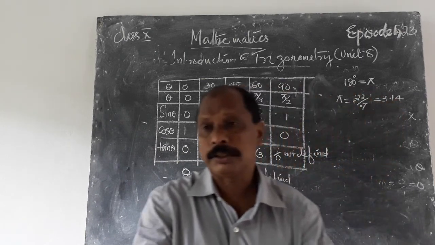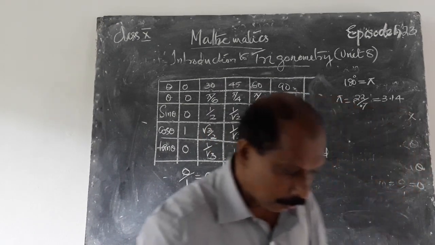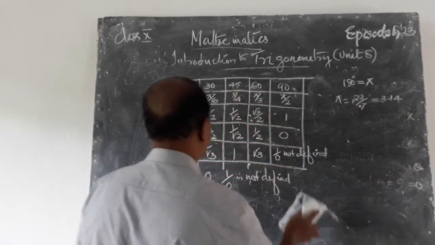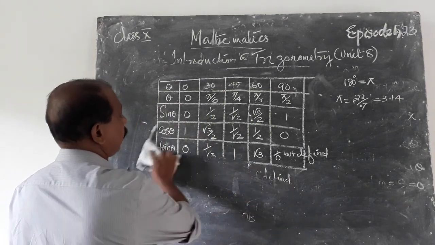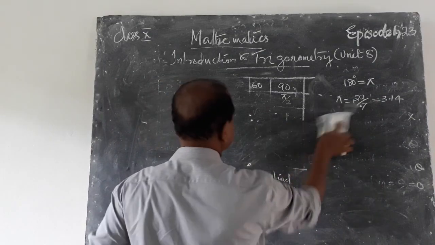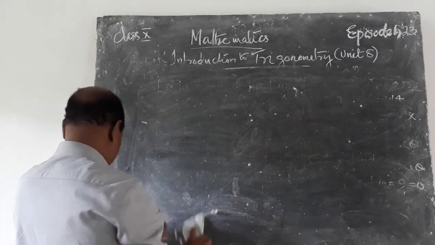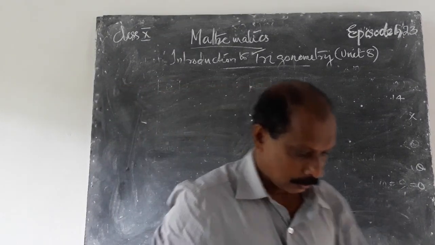Sin 90, 1, cos 90, 0, tan 90, not defined. Clear? These are the values for the separate angles of the trigonometric functions. Clear?